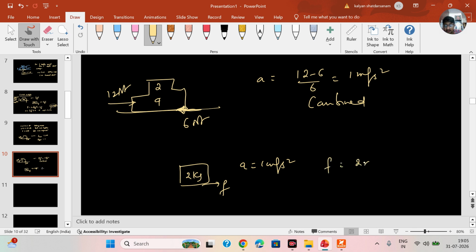So F is mass into acceleration, that is 2 Newton. So there is 2 Newton friction on the 2 kg. On the 4 kg, there is the reaction of this friction, which is 2 Newton, and there is the bottom 6 Newton kinetic friction. Applied force is 12, and its acceleration is also... 12 minus 6 is 6, plus 2, 8.